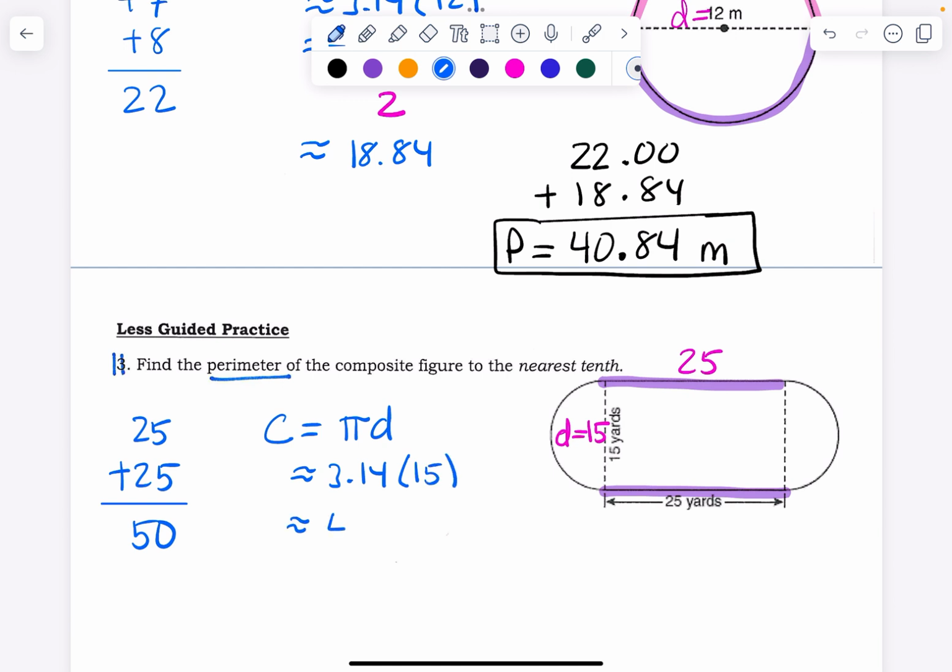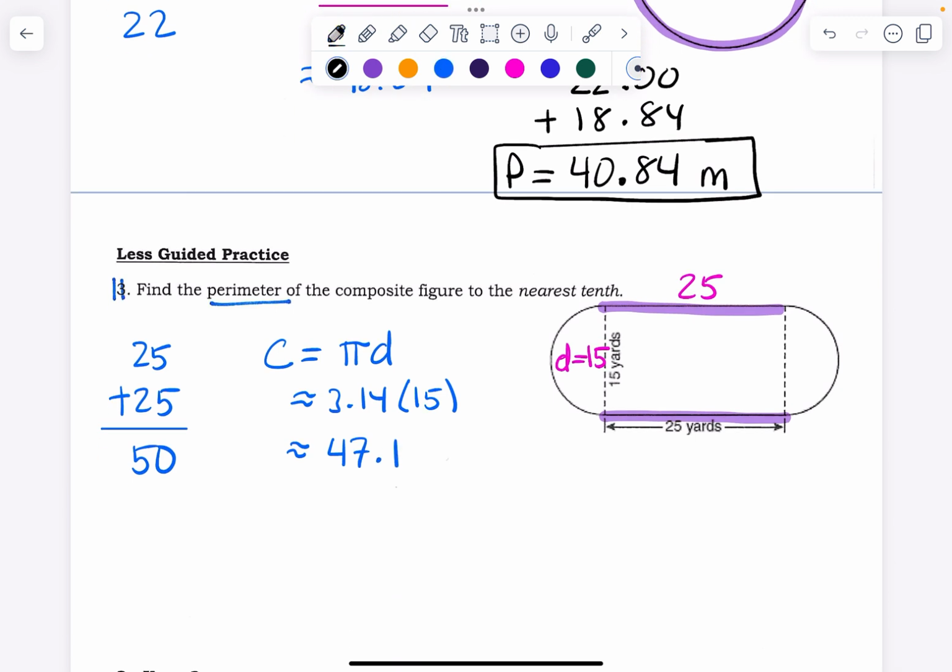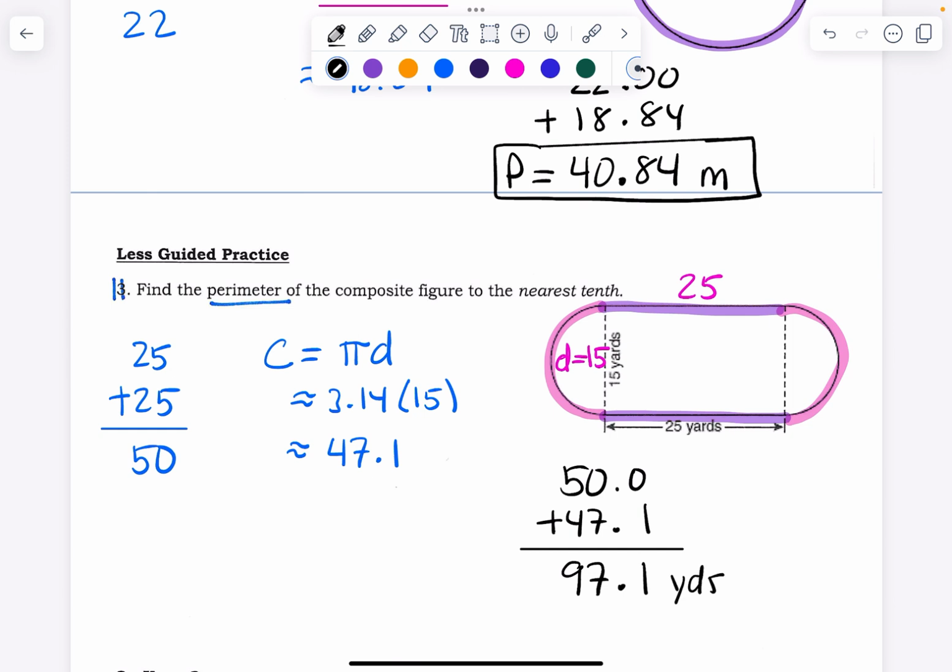That would equal 47.1. That's this right here, the 47.1. Two half circles make one full circle. So I'm going to add both numbers up, 50.0 plus 47.1 to get 97.1 yards. That would be the perimeter.